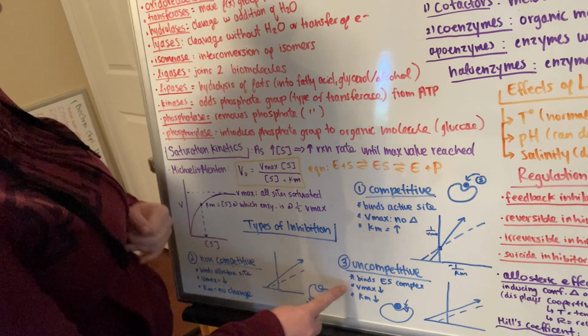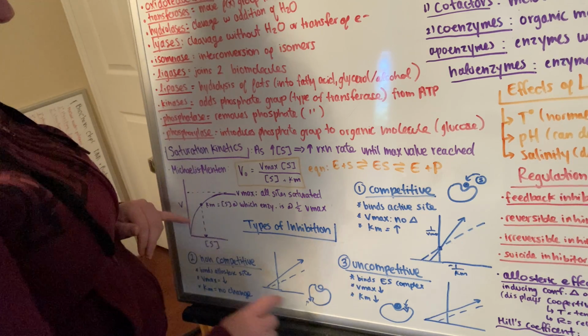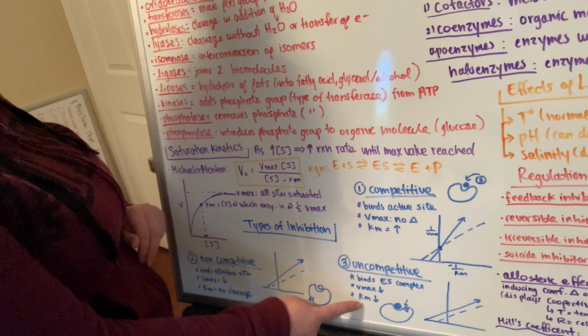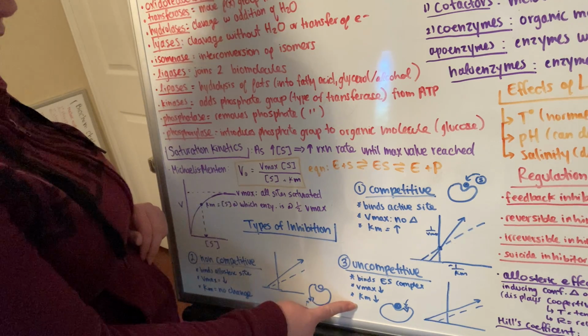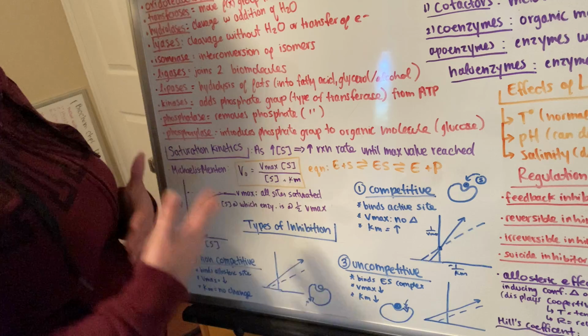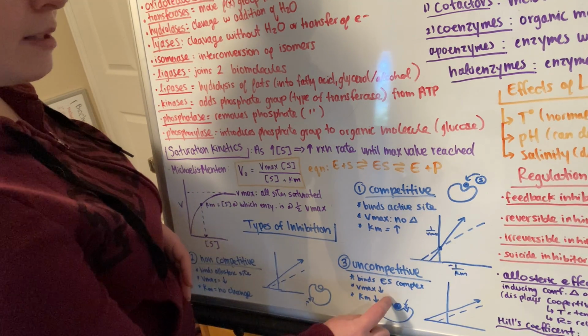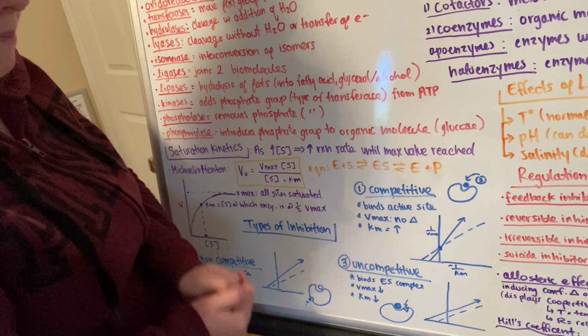Okay, so because the Vmax in this case is going to decrease, the Km that it takes to get to that Vmax is also going to decrease, because it's looking at the substrate and the enzyme when they're already bound together.